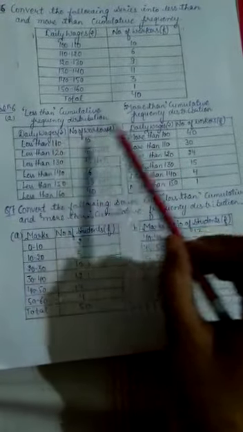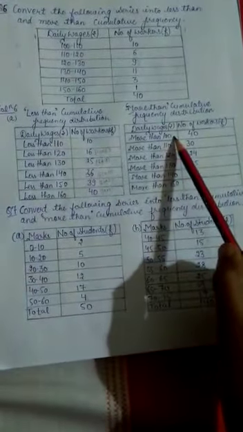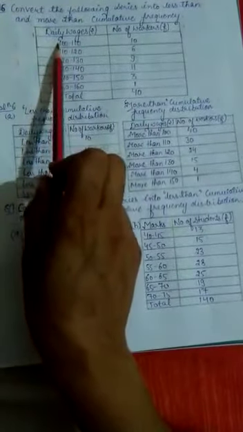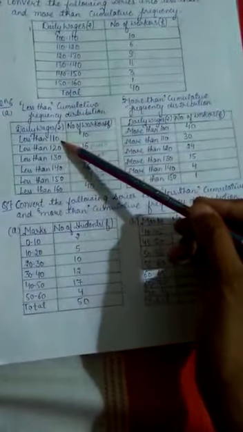Now let's have a look at more than cumulative frequency. What do we do? We now use the word more than. Here we use less than, here we use more than. Here we have used upper limits, here we will use lower limits. We will start from 100, whereas there we started from 110.